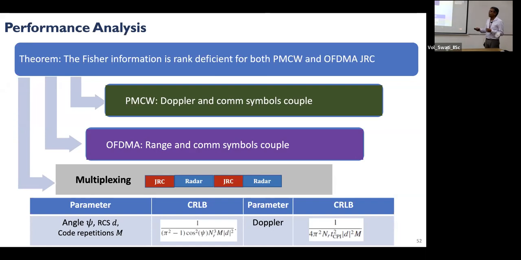So this is a very simple case of not a monostatic but a distributed system, where the radar receiver and the communication receiver are co-located, and they want to get more information about the environment and also the communication. You cannot do it simultaneously, so you have to do some sort of orthogonal allocation of the resources. And then when you do it, you would get all the information available.